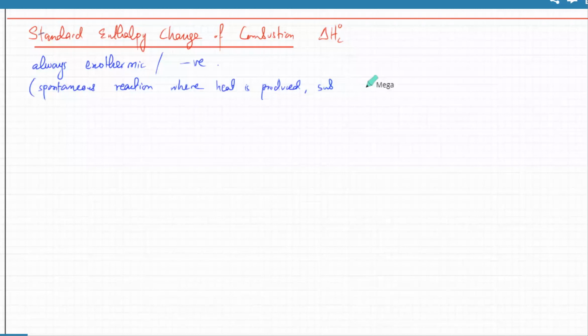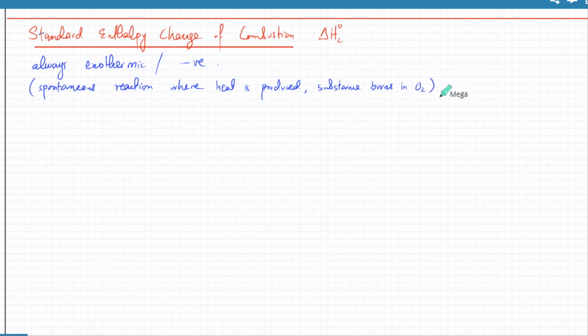So for example, the rusting of iron is also a reaction with oxygen, but it's not combustion. You can't call it combustion. So a spontaneous reaction where heat is produced and the substance burns in oxygen, or you can say reacts with oxygen.